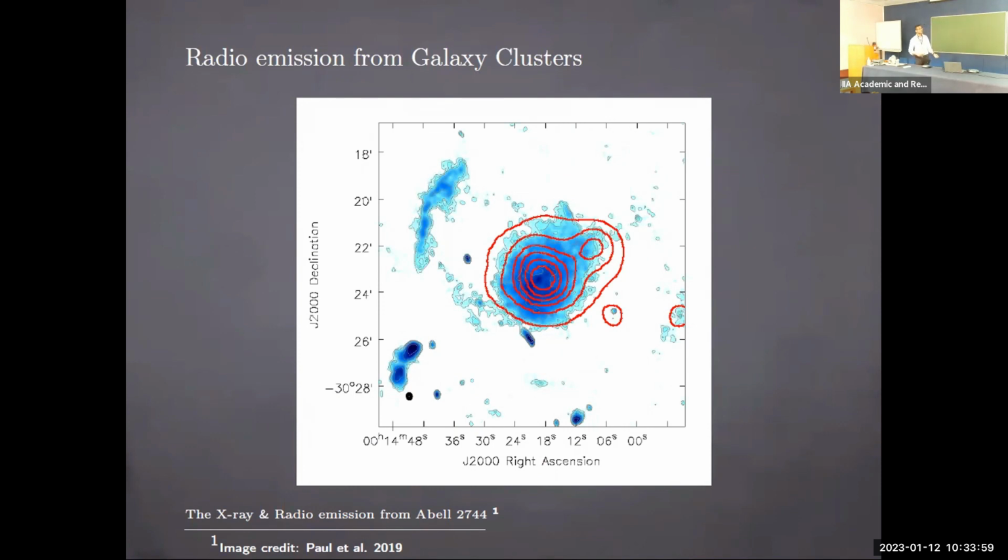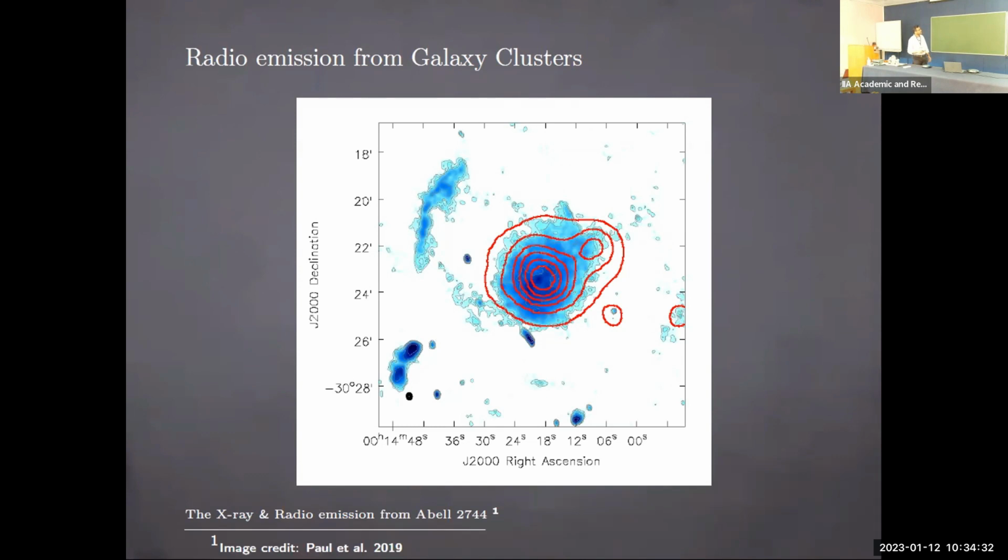Radio halos are diffuse emission at the cluster center, which strongly coincides with the X-ray emission in the medium. Whereas radio relics are radio structures found very near the periphery, near the virial radius of the galaxy clusters. I am not going into the description of radio halos. My main focus is on the radio relic part.